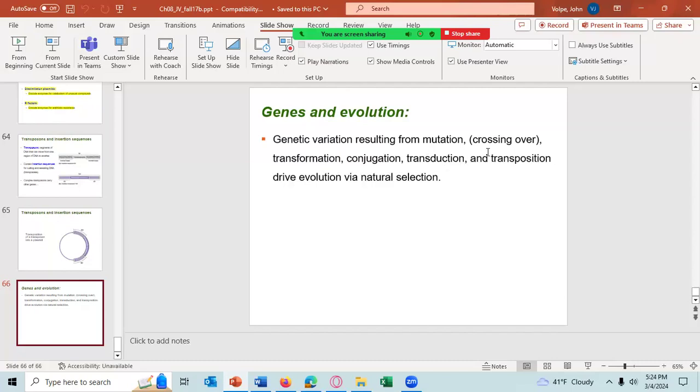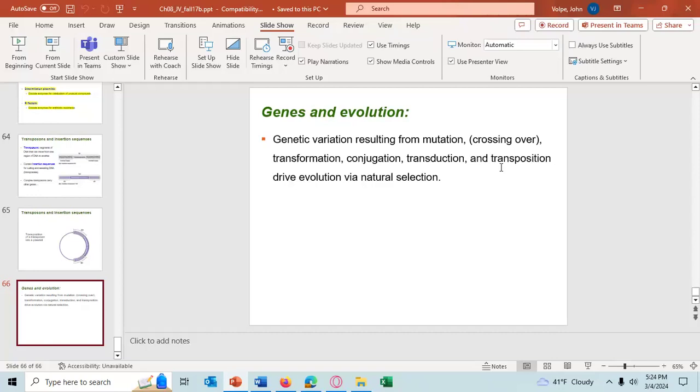And then crossing over is important in genes and evolution because crossing over cannot create new genetic variation, but it can have genes come together that previously were not together, so that new pairs of genes can come about by crossing over.